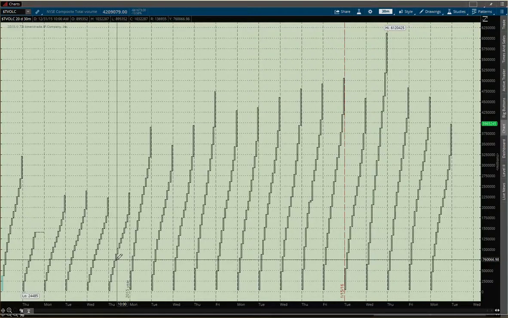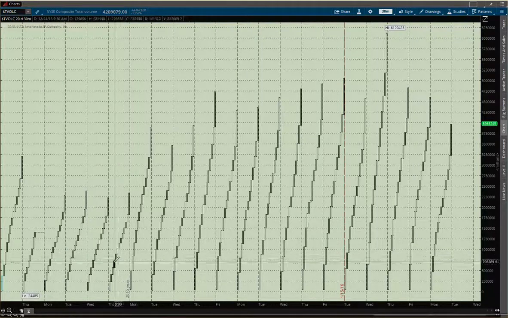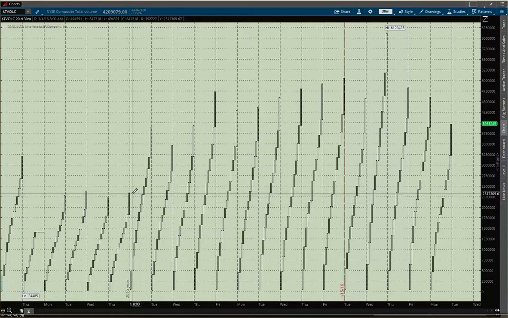31st of 2015, and we had the Christmas type volumes, and the top represents total volume in billions of shares.